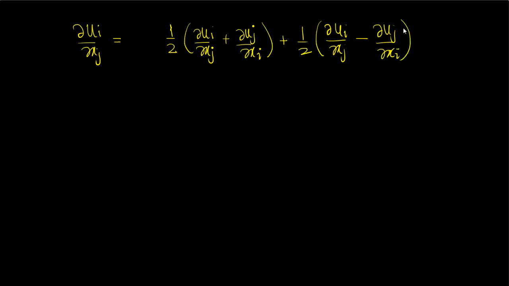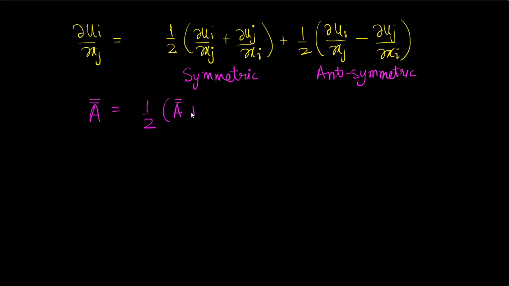So this is a decomposition of that tensor in the form of a symmetric part and an antisymmetric part. And this expression is the same as writing a matrix A as half (A plus A transpose) plus half (A minus A transpose).